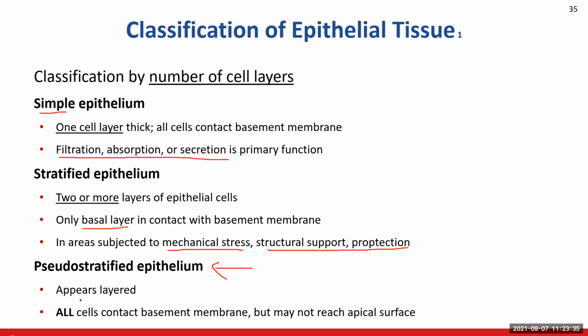Here's an important fact that you need to know for this type of epithelium. All the cells are going to contact the basement membrane, but not all of them are going to reach the apical surface. And it's because of that staggering appearance there, where you think that this type of epithelium is stratified, in which it's not.